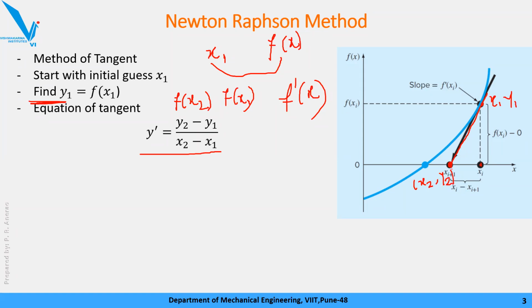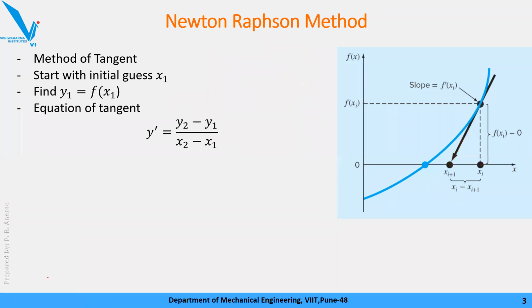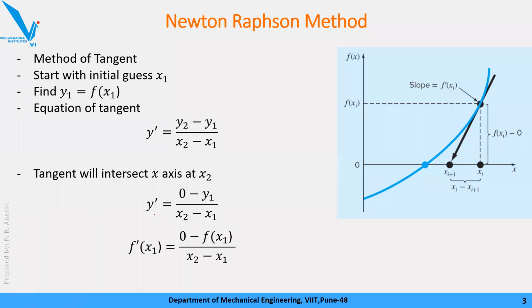And how much is y2 here? It is 0, right? y2 is 0 for our case. So I have modified the equation like this: in place of y2 put 0, in place of y dash put f dash of x1, in place of y1 put f of x1, and x2 minus x1 remains the same.